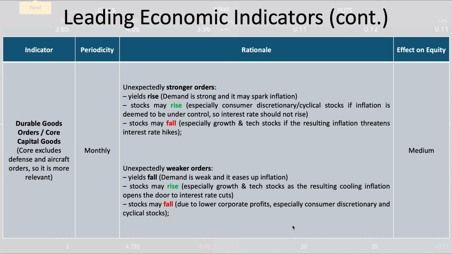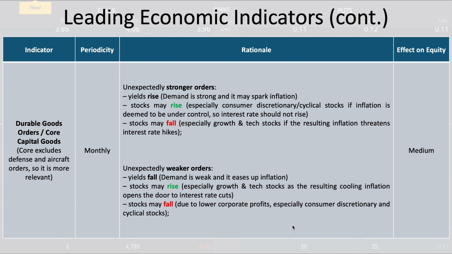So it's more related to how the consumer is feeling in terms of their future prospects. And so if you get unexpectedly stronger orders, again, the same reasoning: yields rise, stocks may rise, especially the ones in the consumer discretionary and cyclical sectors, such as automobiles, electrical appliances, and that sort of items.